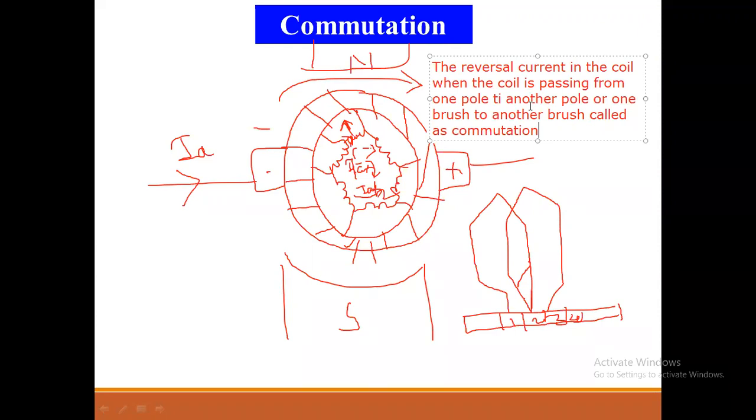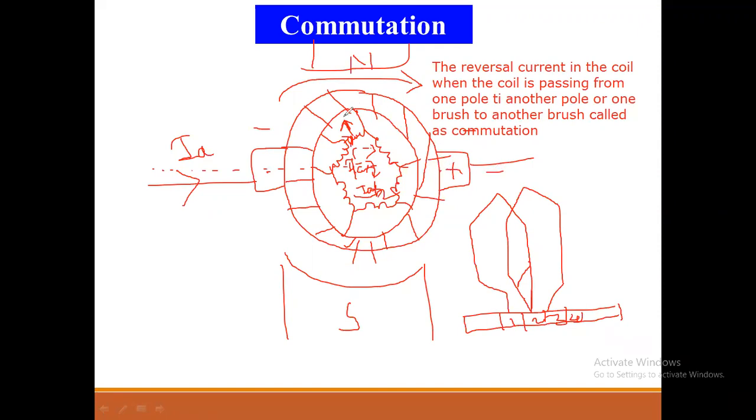Simple definition is there. The reversal of current in the coil when the coil passes from one pole to another pole, or one brush to another brush. That means when it is passing the brush axis. Suppose this is the brush axis, negative to positive brush.